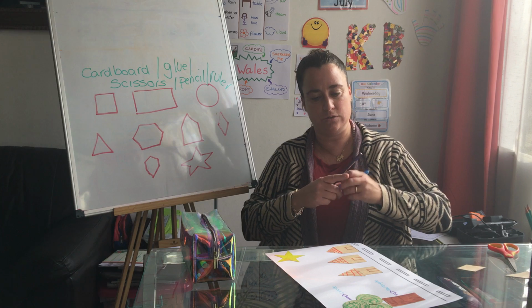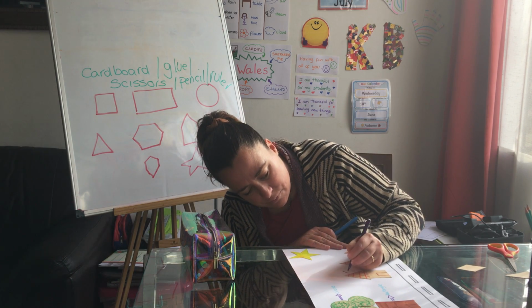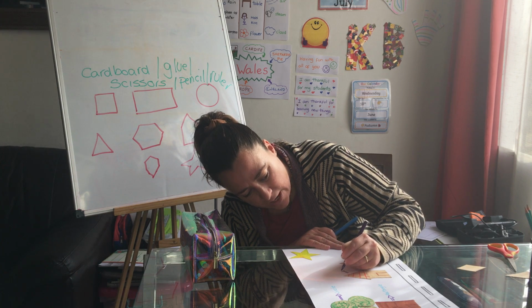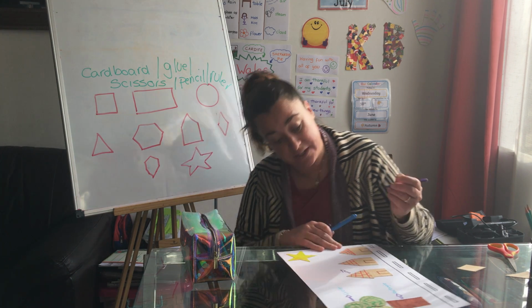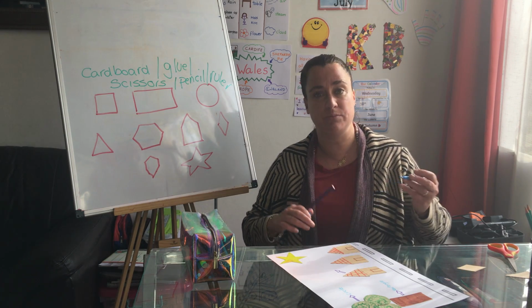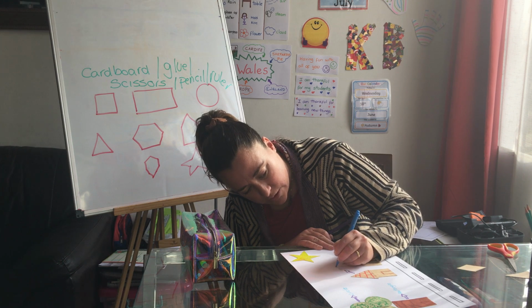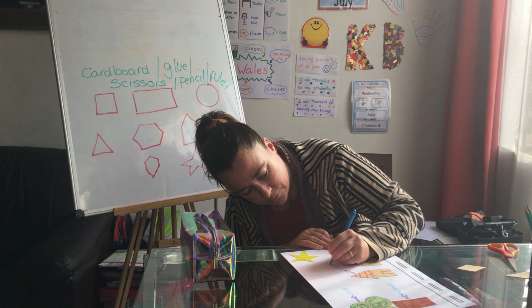And I'm going to go to the next one. I only need, if you're repeating shapes, such as, for example, I've got 3 different triangles. Okay? I don't need you to repeat the name. Just one time is fine. Triangle.